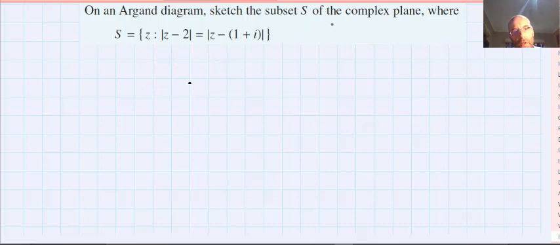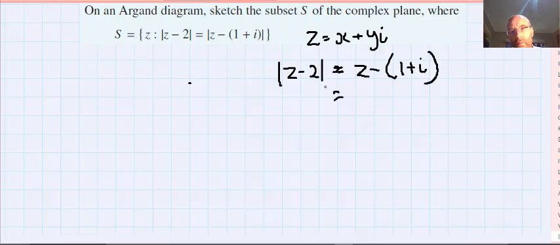Okay, what sort of shape is it going to be? So we're not given what shape it is. We have to sketch it. So it could be a straight line or a circle. Okay, so we know z equals x plus yi, the magnitude of z minus 2 equals the modulus of z minus 1 plus i.